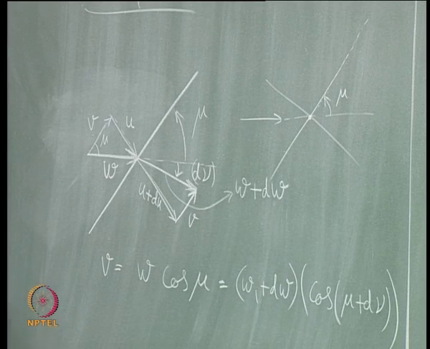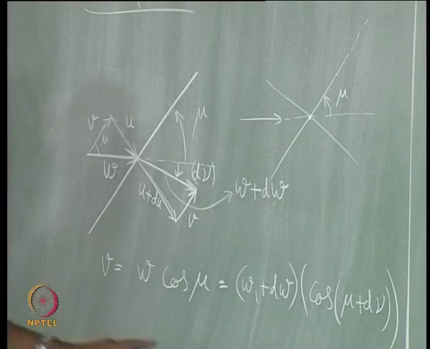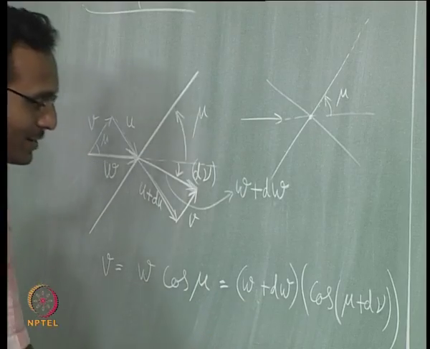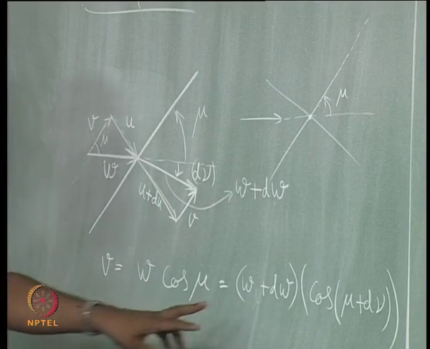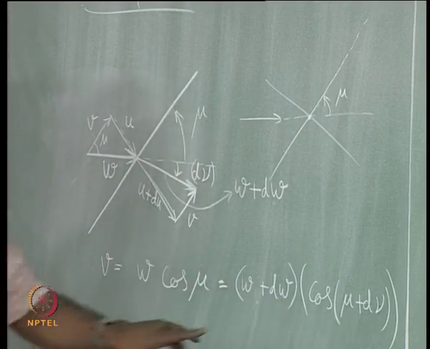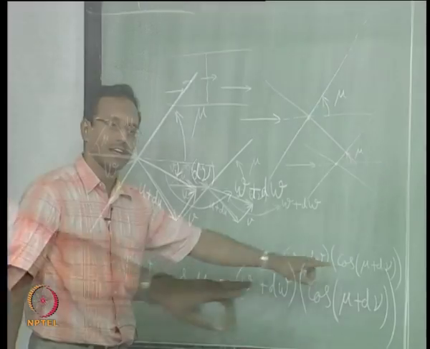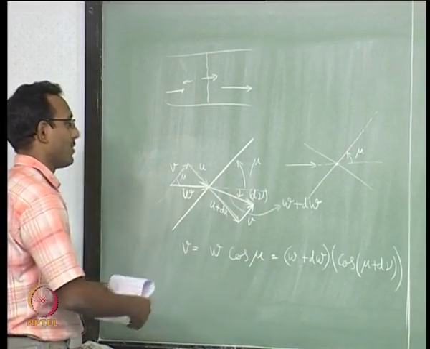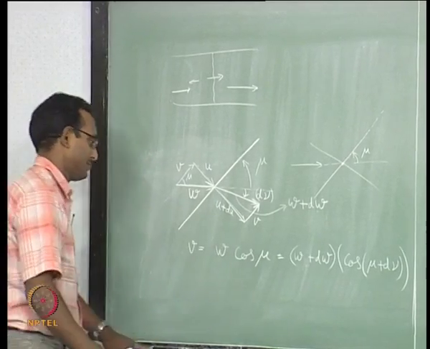Now, all I have to do is expand this, because I use w1 here, just make it w, w1 or w are the same for me. W times cos mu will come out of this side, which I can directly cancel with the left hand side of this equation. So, I want to expand it and cancel that particular term.